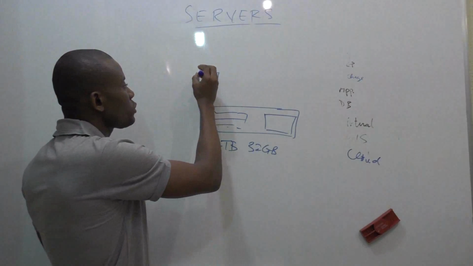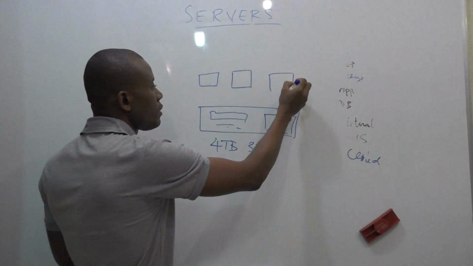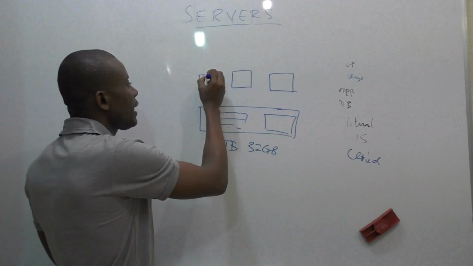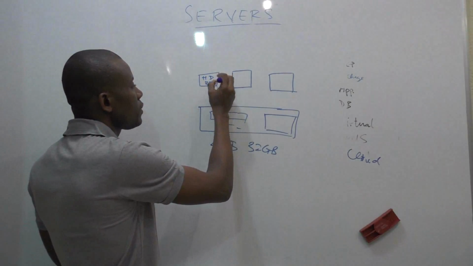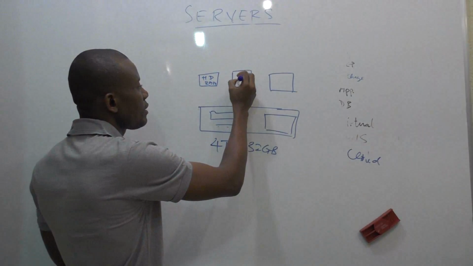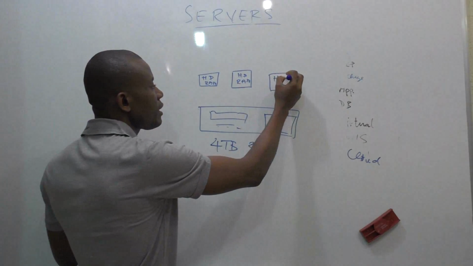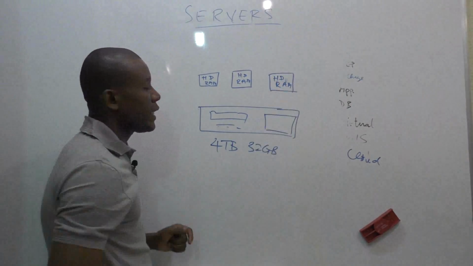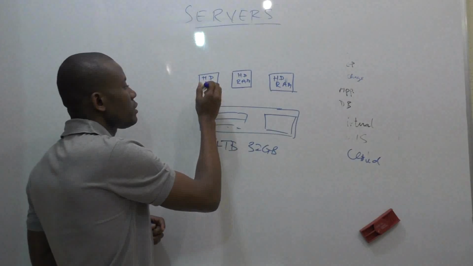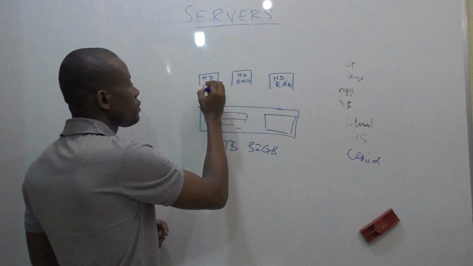Let's say you have this one to be, we have a hard disk and RAM. Hard disk and RAM. Hard disk and RAM. Okay, and processor.